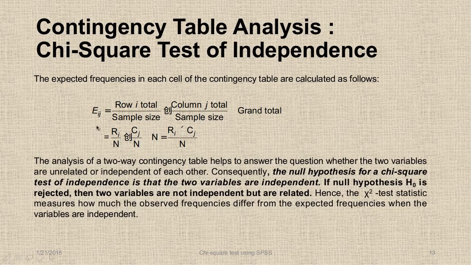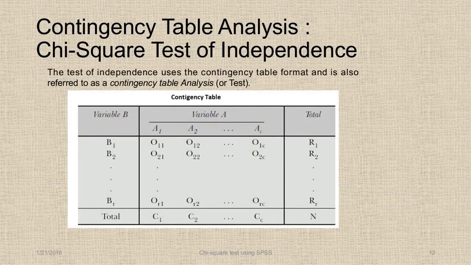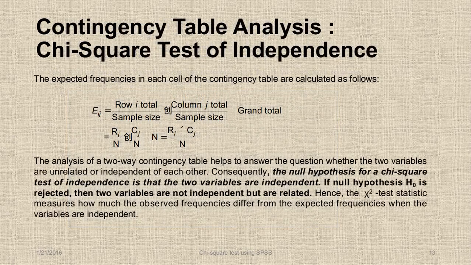Now when we have this contingency table with the observed frequencies, each cell of this contingency table will also have expected frequencies, which can be calculated using the compound probability theorem with the formula. The expected frequency of a particular cell ij is given by the ith row total divided by sample size, multiplied by the jth column total divided by sample size, multiplied by the grand total.